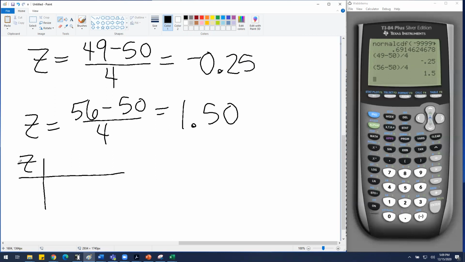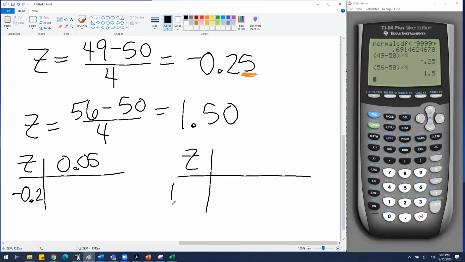The first z-table, we're going to go to the negative 0.2 and go over to column 0.05. Remember, the column is the second decimal place, the hundredths place. And then we'll also look up the second z value, 1.5, column 0. Second decimal place was a 0, so we need the zeros column.